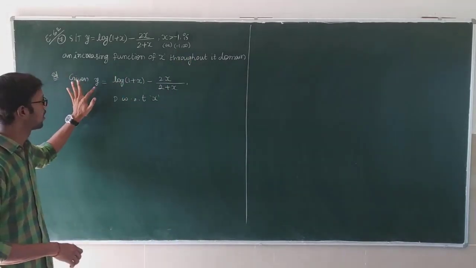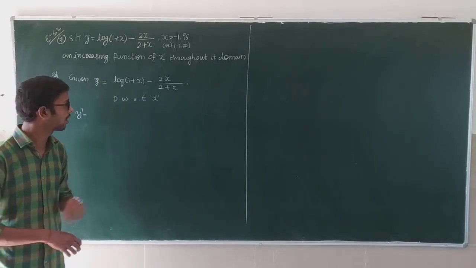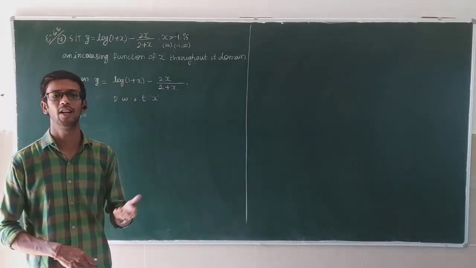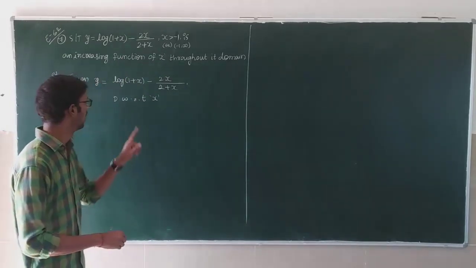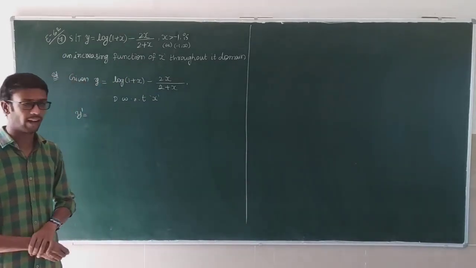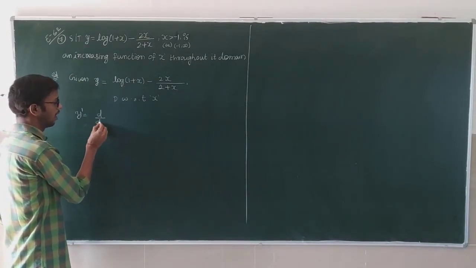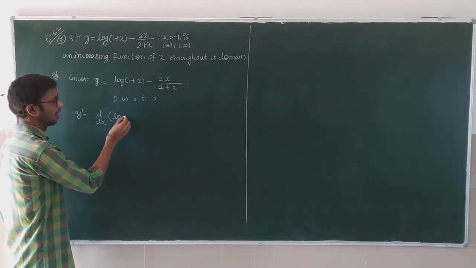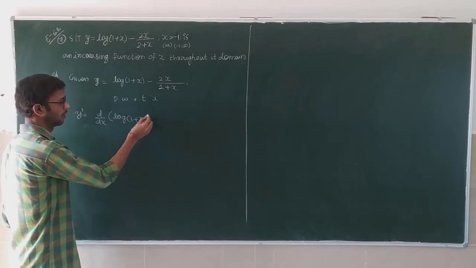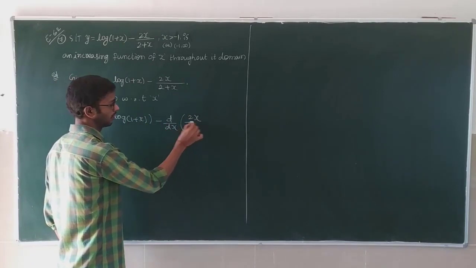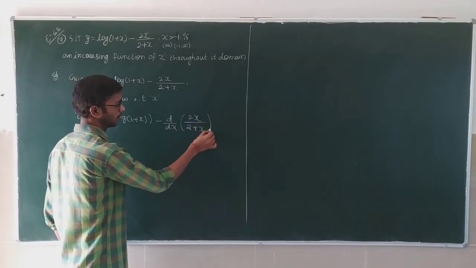So now, the given function y is equal to, I already wrote here as it is. In the previous problem it was f of x, here it is y, that is the only change. Derivative with respect to x: y dash is equal to d by dx of log of 1 plus x minus d by dx of 2x by 2 plus x.